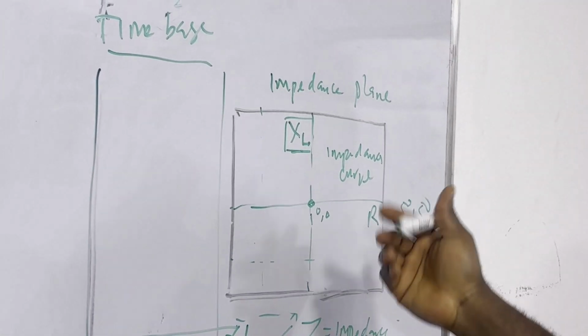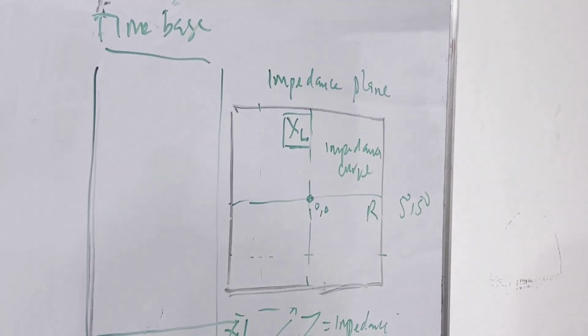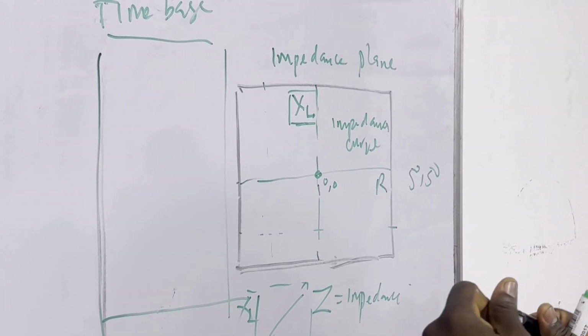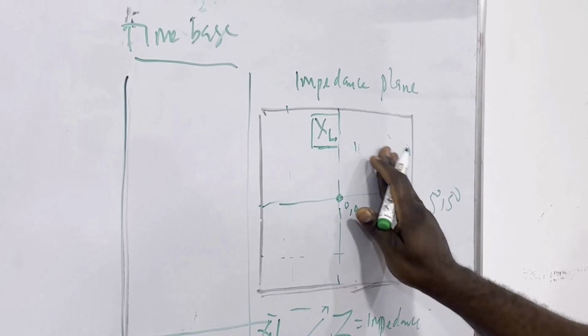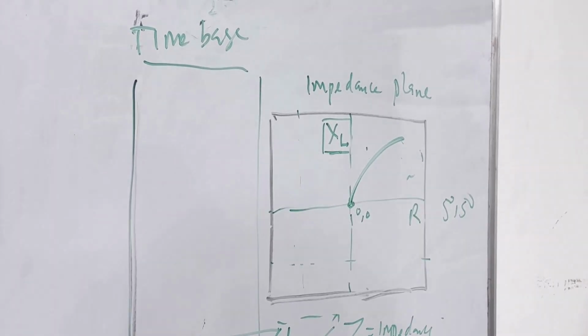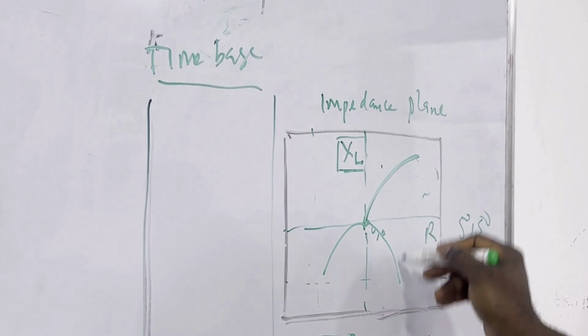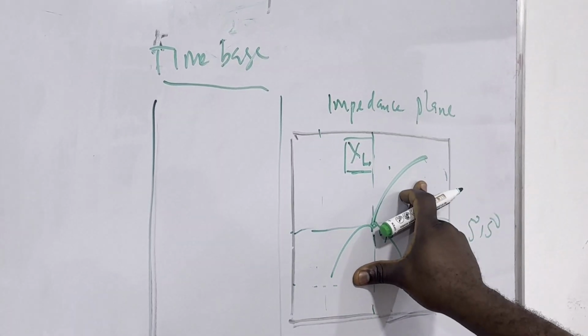So if I get an indication from an eddy current probe, which could be as a result of the change in the inductive reactance or the resistance of the material, definitely a curve is going to come out. It depends. The curve can come this way, the curve can come this way. Depends on your setup. This is your impedance plane.